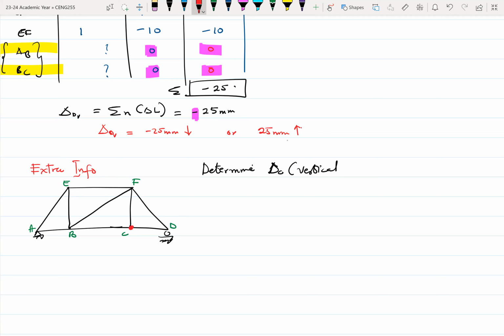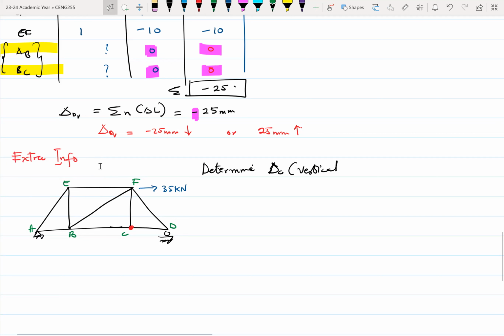So let's say that this structure has some external loads. 35 kilonewtons, and then maybe one over here. Let me move this one up a little bit.